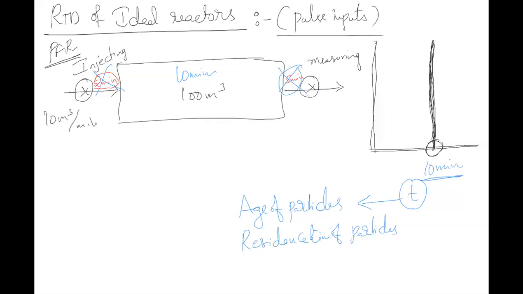Particles have experienced only 10 minutes inside the reactor, because this is the time when the reaction is happening. Even though particles spend time inside the pipe, in this 2 minutes and this 5 minutes, they are not reacting because there is no temperature and pressure. So this time should be only the age of particles, or let's say the residence time of particles.